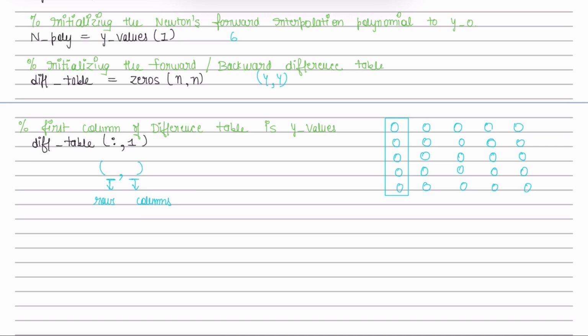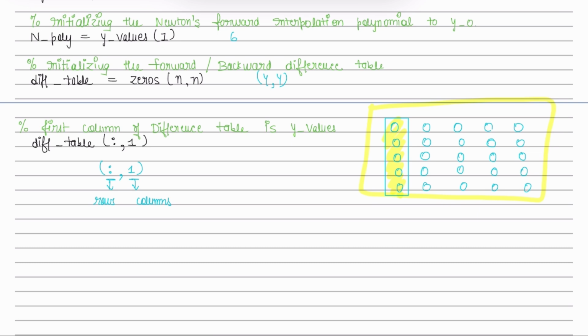If we use a colon here, it means each and every row will be considered, and if we mention a particular column number, then only that column will be considered. So in this statement, only this column will be considered because we have used colon comma 1.